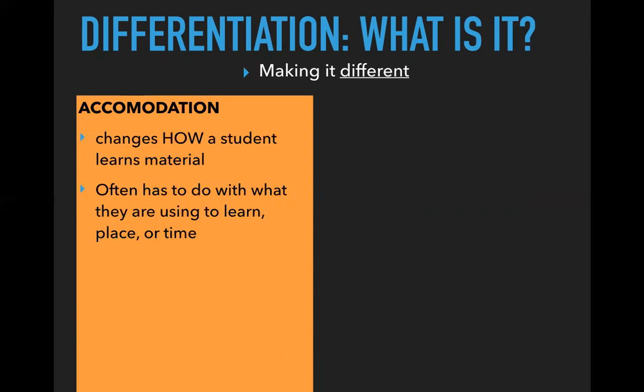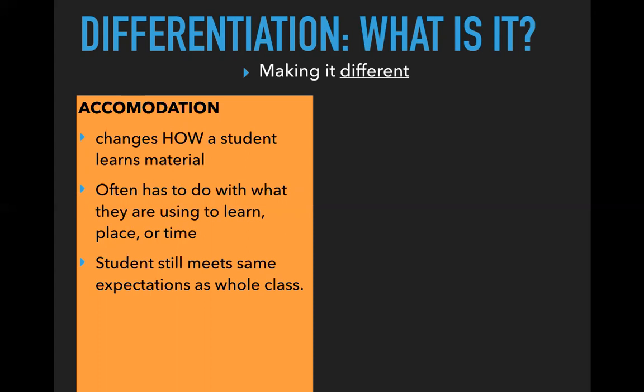With place, you might consider, is it better for a student to sit next to me because they pay attention better? Do I want to do certain groupings for students where they're sitting with folks who they work well with? Maybe they're sitting next to someone that can help translate and translanguage the material with them. Perhaps some students need more time, right? So those are all accommodations.